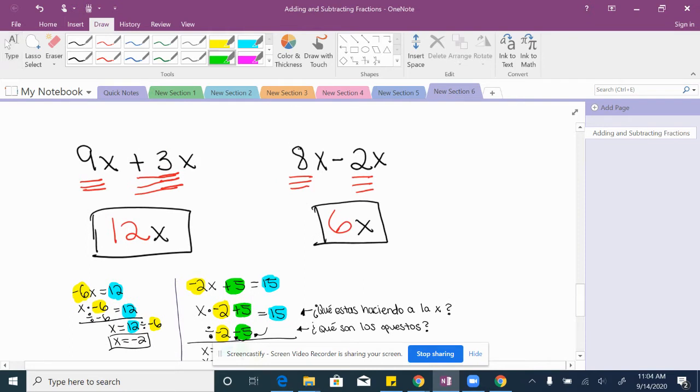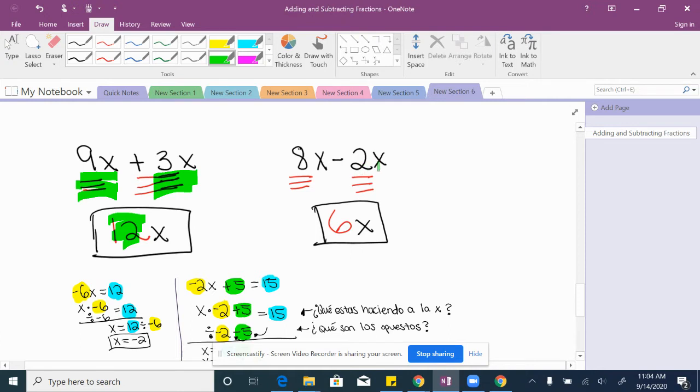This is combining like terms. Remember that you can only combine when they are the same. Here, they are the same because both have x. 9 plus 3 is 12.